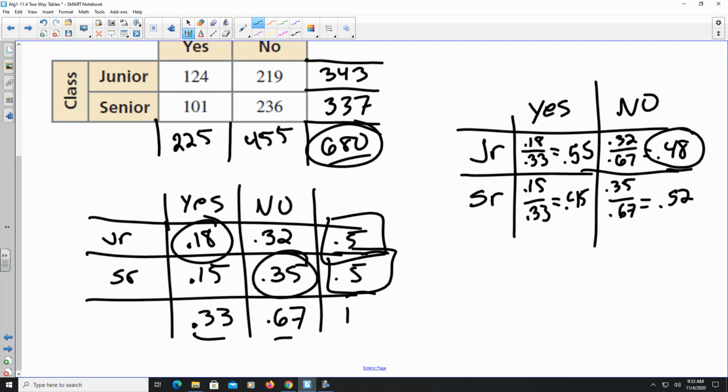Or, looking at this one here, given that a student is planning on majoring in the medical field, the conditional relative frequency that this student is a senior is about 45%. Okay, so that is the relevance, where the data is coming from, and what they're trying to interpret from the data.